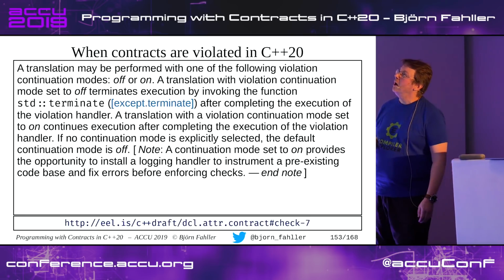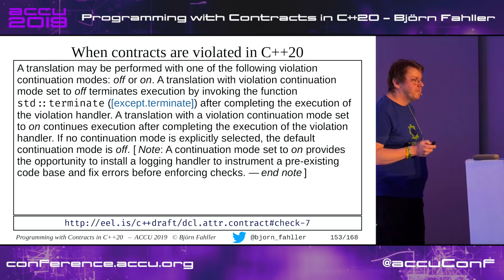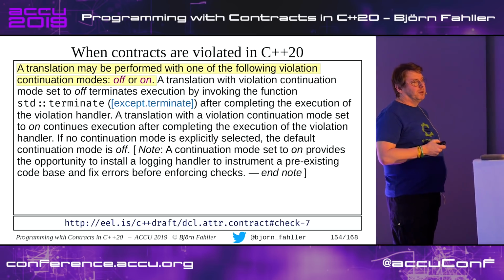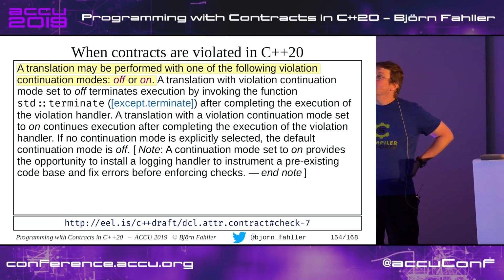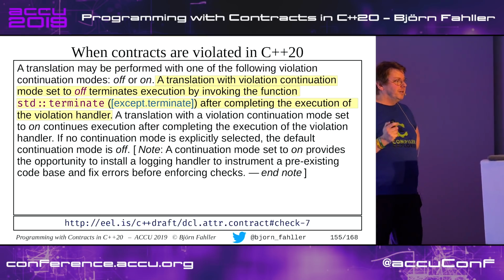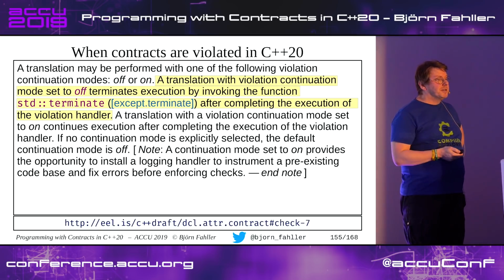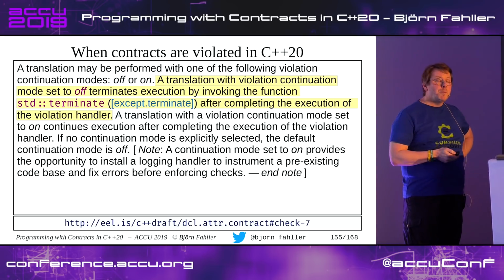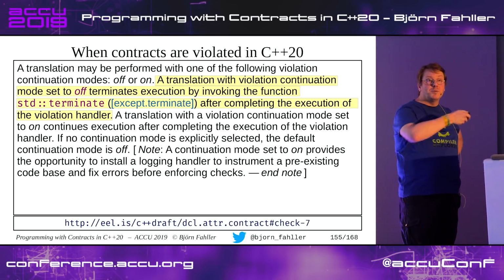So we have a little more. A translation may be performed with one of the following violation continuation modes, off or on. A translation with a violation continuation mode set to off terminates execution by calling the function terminate after completing the execution of the violation handler, as we saw.